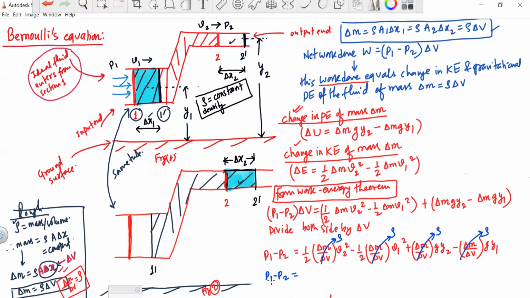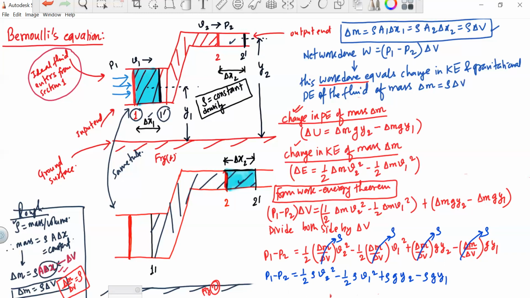So we can write P1 minus P2 equals half rho V2 square minus half rho V1 square plus rho g y2 minus rho g y1.